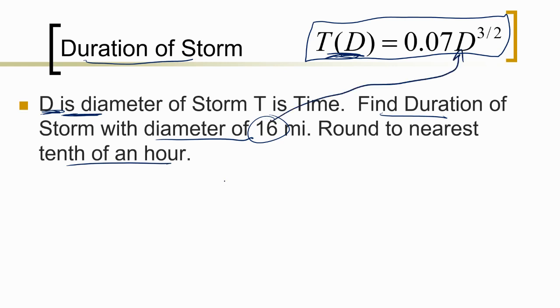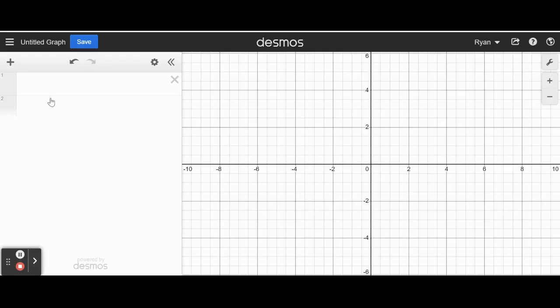This is really a calculator problem. 0.07 times the 16 they gave us to the 3/2 power. Now, when you go to type this into your calculator, you can do it on a phone calculator or a scientific calculator, but my favorite is to use Desmos.